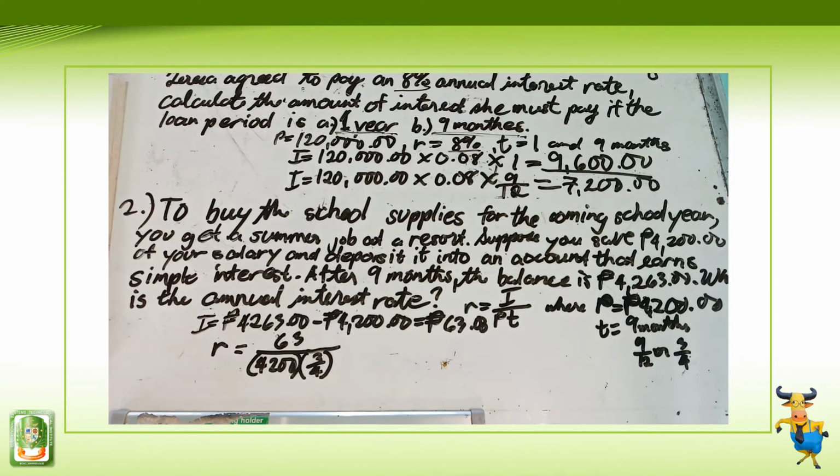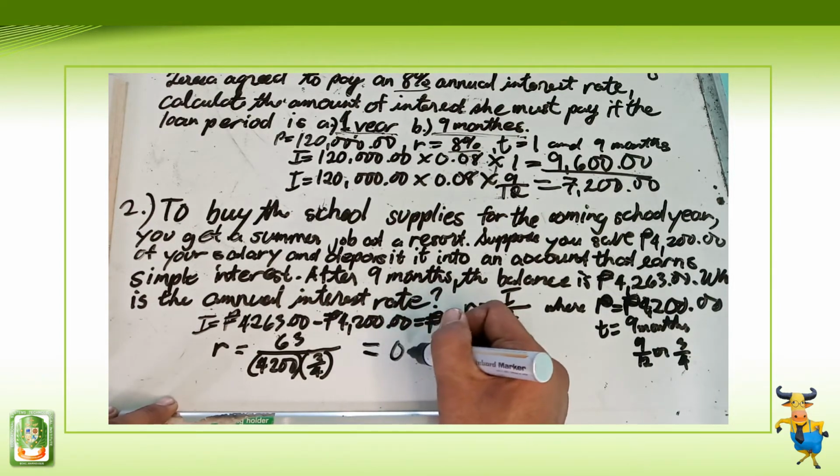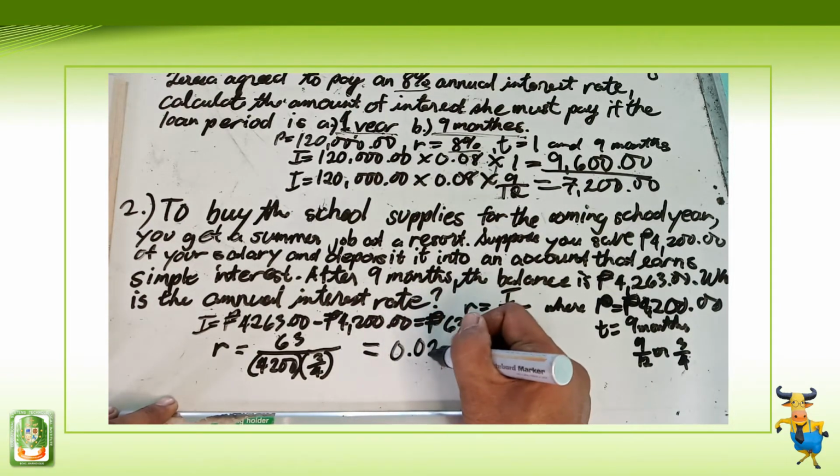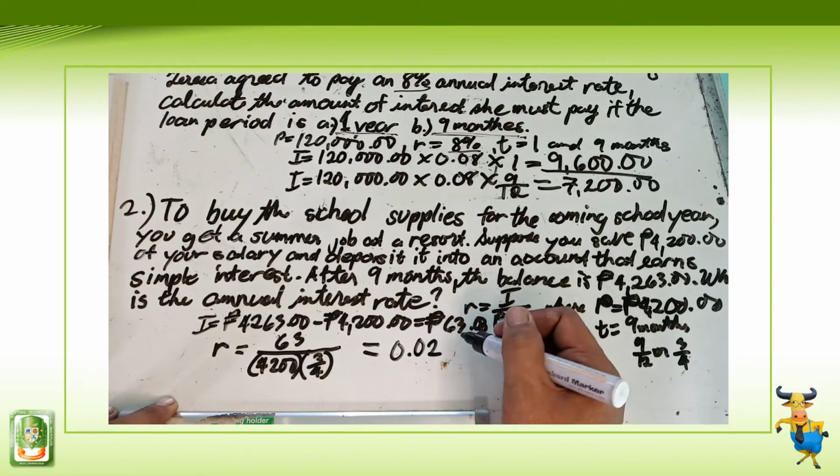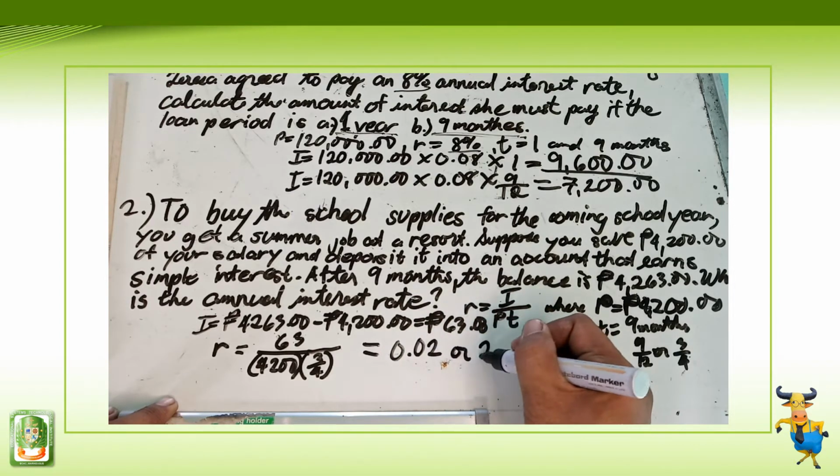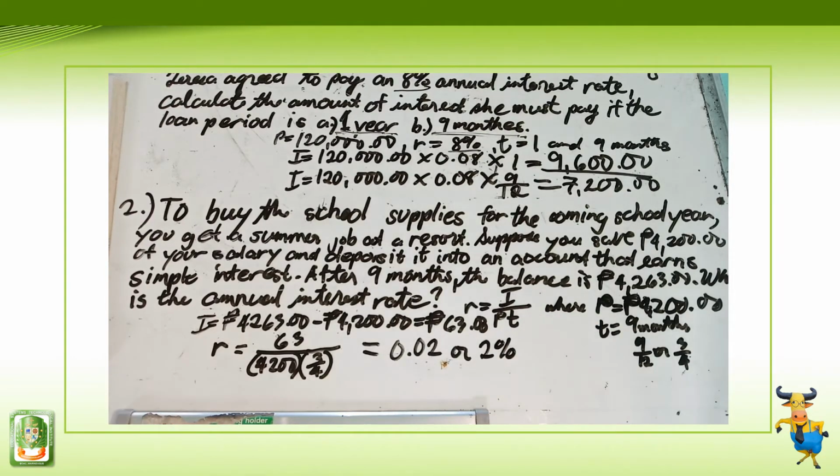Okay, so the answer is equal to 0.02 or 2%. So, ang annual interest rate natin doon sa savings mo ay meron ka lamang 2%.